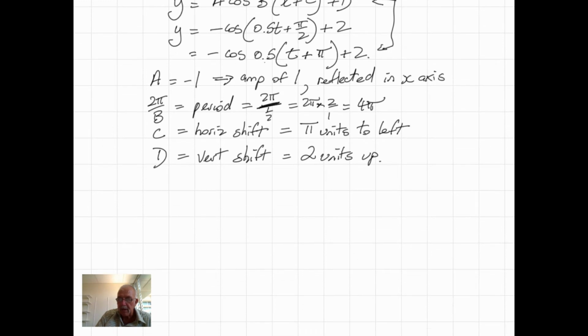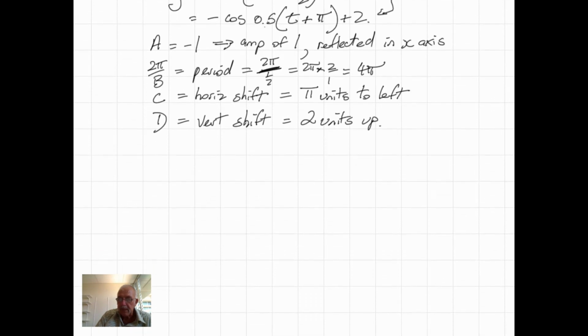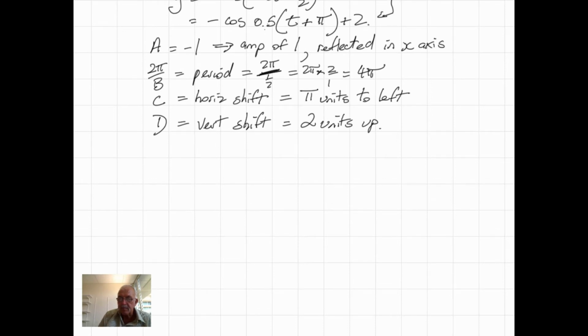So we'll just move down a little bit and draw some axes. If you're asked to sketch, you only need to do a bit more than one complete period. We've got a period of 4 pi.